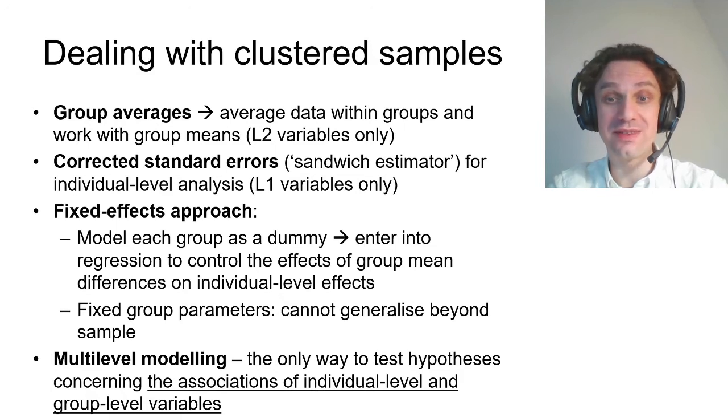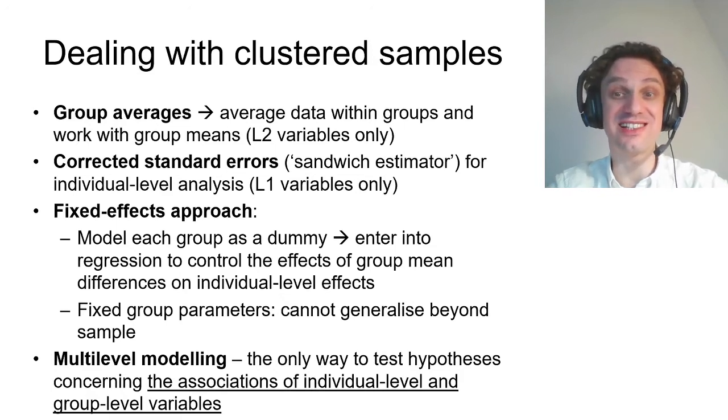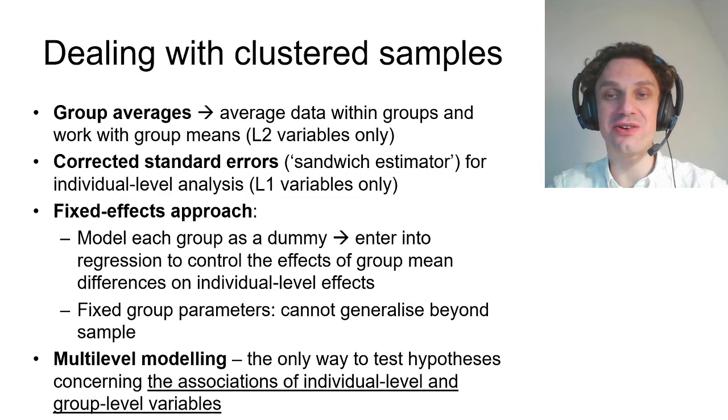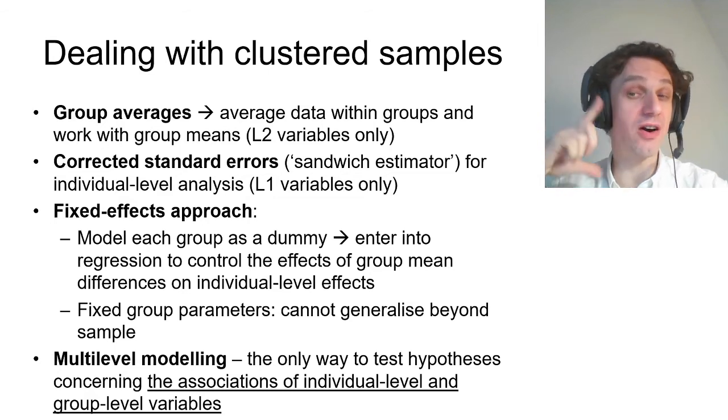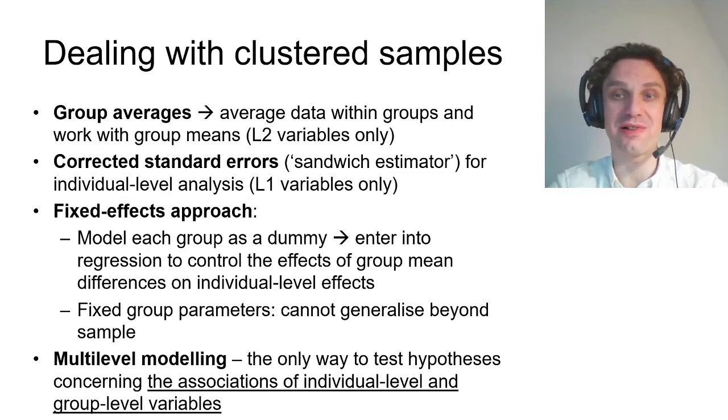And also, there is a more tricky statistical consideration. If you are using fixed effects regression, it kind of treats your groups as a whole general population. So your effect size estimates are only applicable to this particular sample.